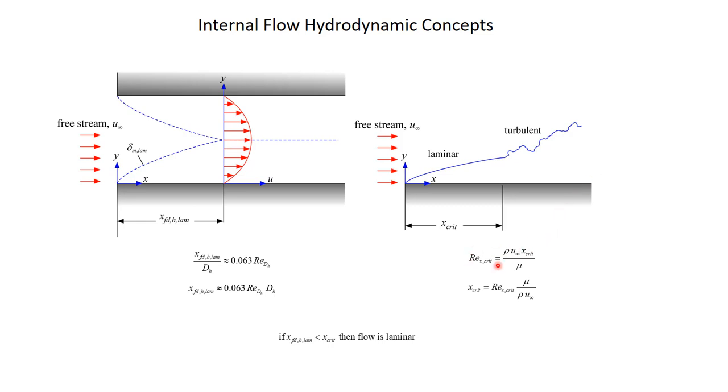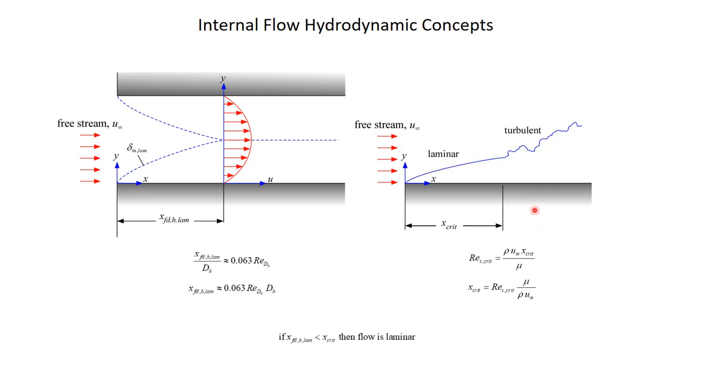This critical Reynolds number defined based on x was something like 5 times 10 to the 5th, and I can use this equation to calculate the position on the surface at which I'm likely to experience a transition from laminar to turbulent flow.